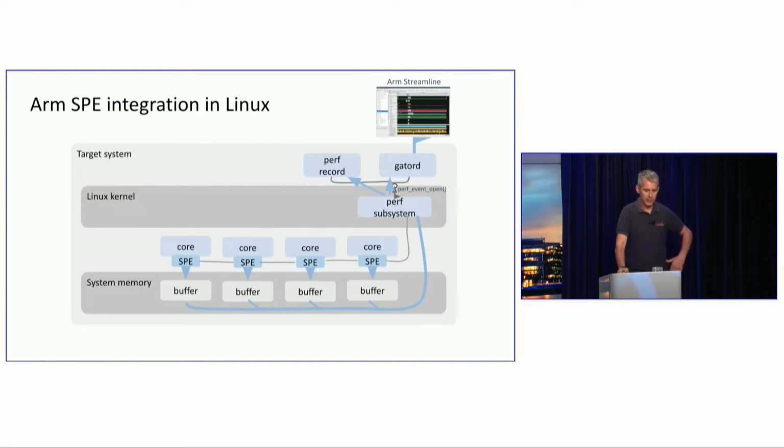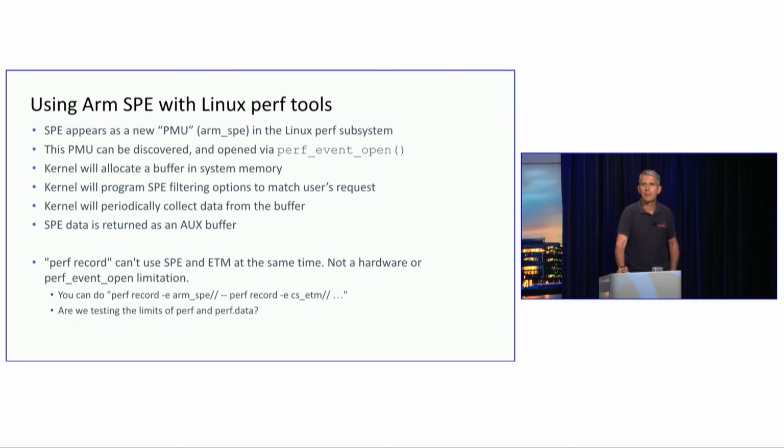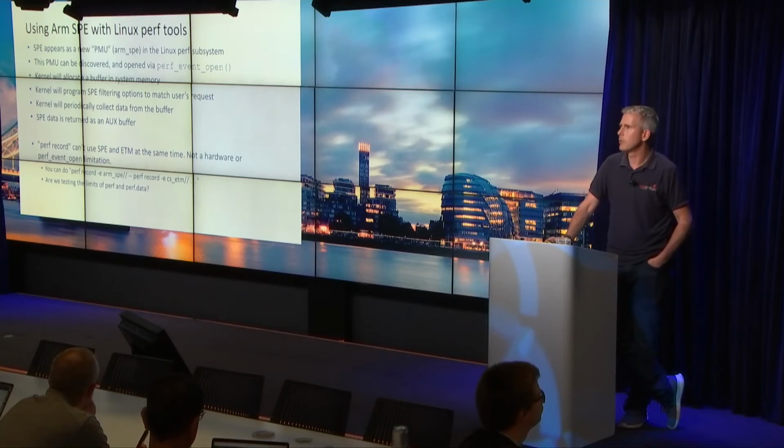But also, they're both coming up through the perf subsystem. SPE also comes out as an aux buffer in perf, rather like processor trace. And then you decode it in user space. And perf tools have good support for this now.